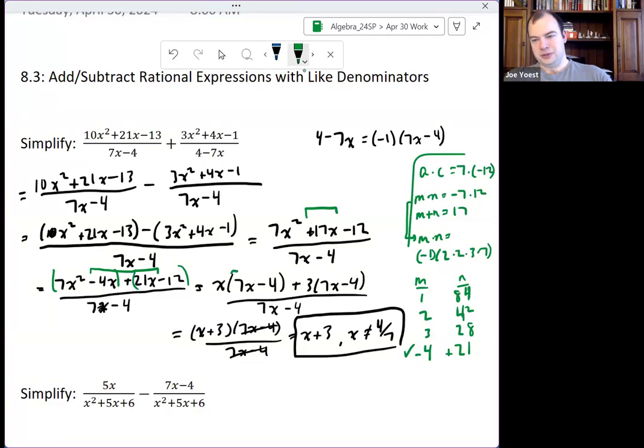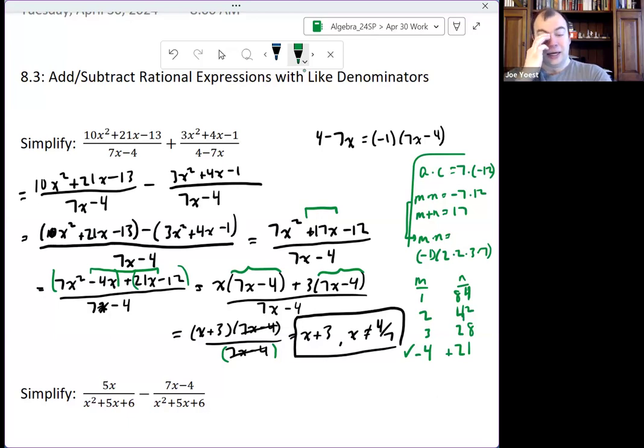And now in each of the two terms in the top, I have a factor of 7x minus 4 that I can factor out, leaving me with 7x minus 4 times x plus 3. This factor of 7x minus 4 in the numerator cancels with that same factor of 7x minus 4 in the denominator. And I'm left with x plus 3.